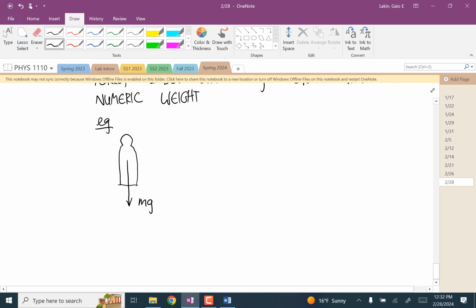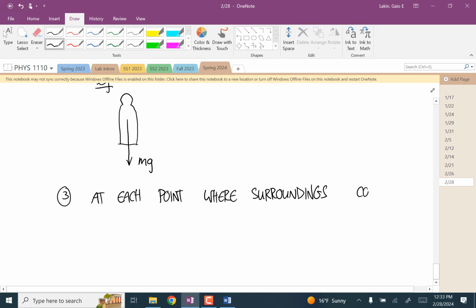And then third, at each point where the surroundings make contact with the boundary, draw an arrow in the direction of the contact force.